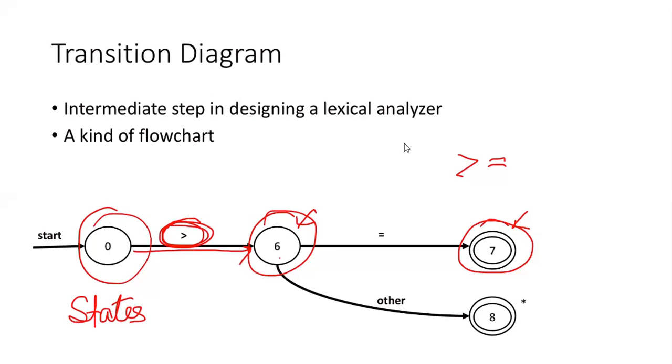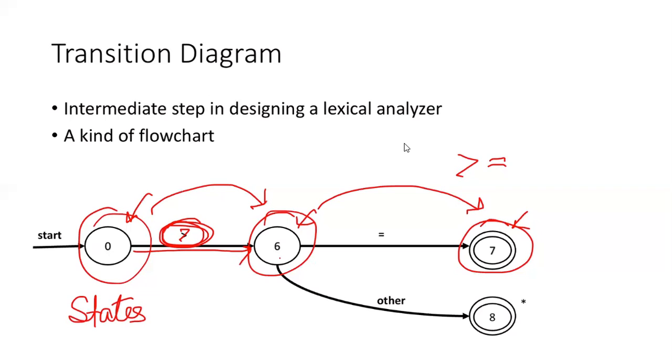So what it means is that if I am in state 0 and the next input character is greater than, then I can make a transition from state 0 to state 6. Same way, if I am in state 6 and I have seen the symbol equal to, then I can make a jump to state 7. So that is an edge.